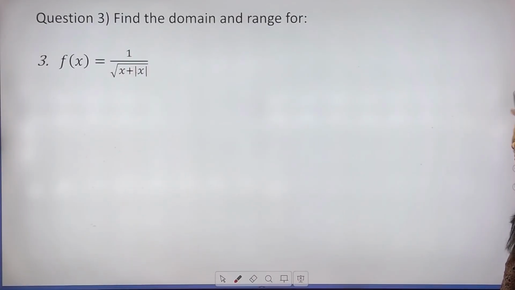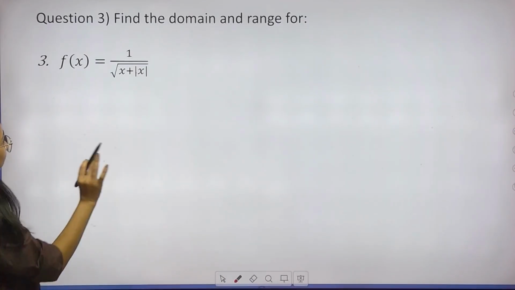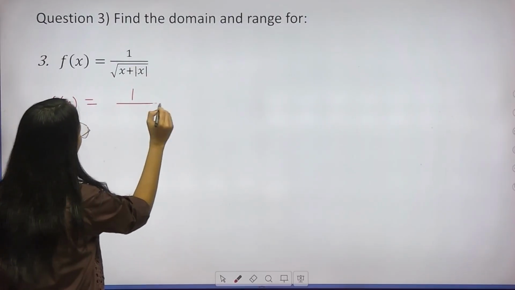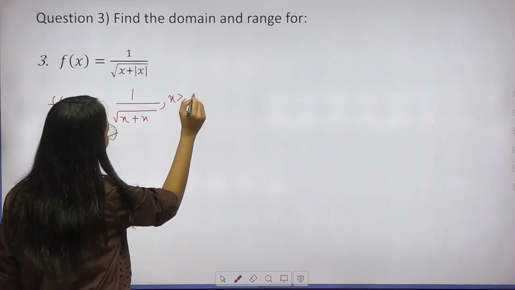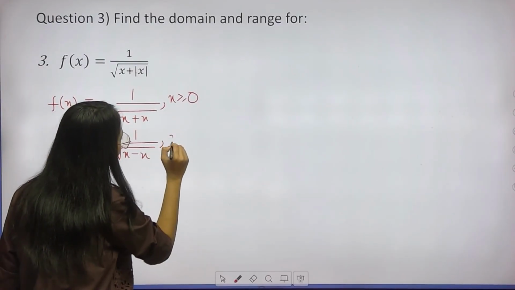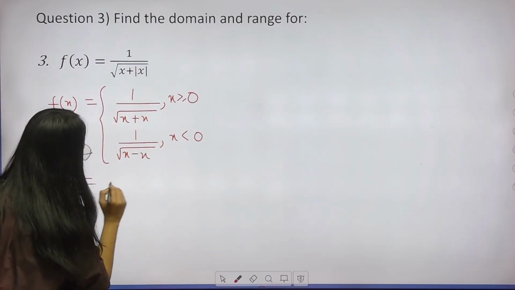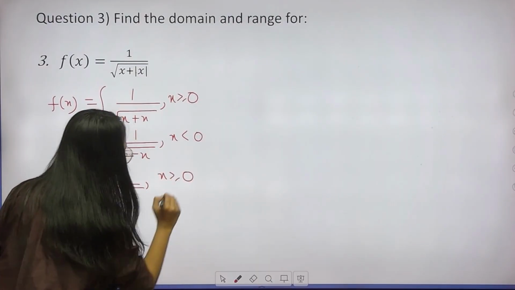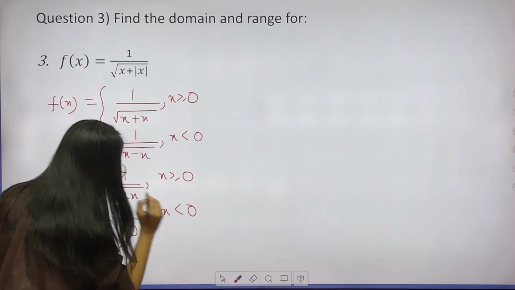Great. Third question. Again, we'll first redefine this function. So f of x is equal to 1 over under root of x plus x when x is greater than or equal to 0, and 1 over under root of x minus x for x less than 0. Further, we get 1 over under root of 2x for x greater than or equal to 0 and 1 over 0 for x less than 0.